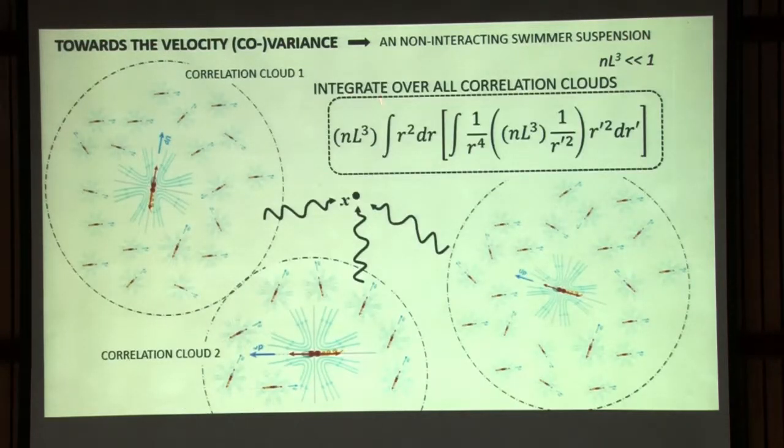So that's the cloud integral, and that's the number of clouds over an infinite three-dimensional domain and a single correlation cloud. And now when I have that, I can count the powers of r. So there are two volumes in the numerator, that's r to the 6, and an r to the 4 and an r squared in the denominator. So that means that, loosely speaking, it's dr by r, and that gives you the logarithmic divergence.